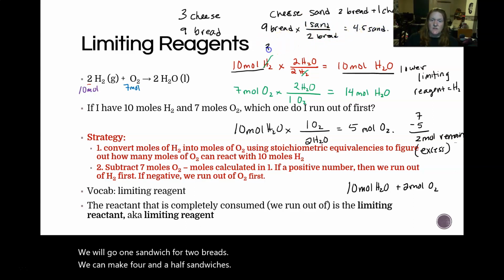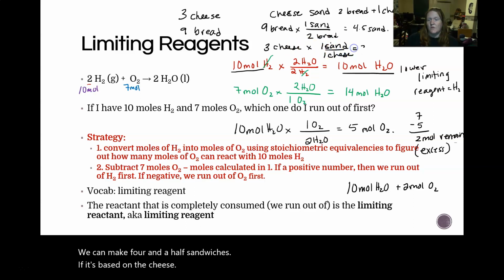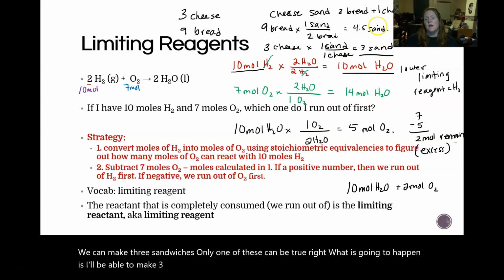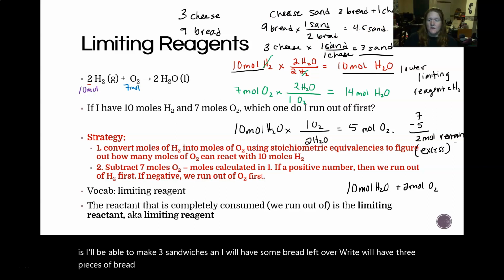If it's based on the cheese, we can make 3 sandwiches. Only one of these can be true, right? What is going to happen is I'll be able to make 3 sandwiches and I will have some bread left over, right? I'll have 3 pieces of bread left over, okay?